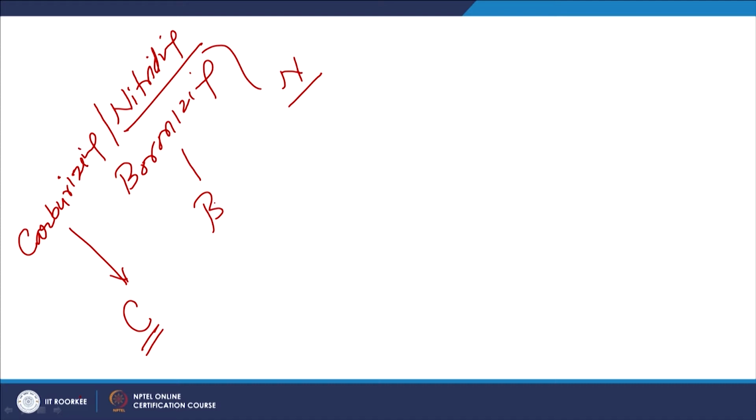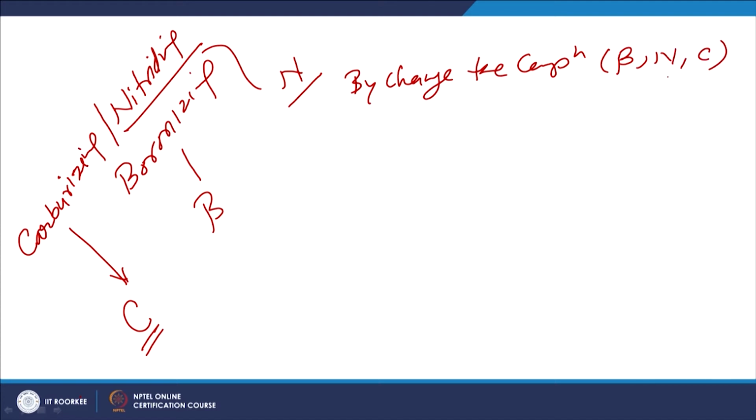And in these methods, by changing the surface layer composition using boron, nitrogen or carbon, we try to get a few phases or phase transformations which will increase the surface hardness.